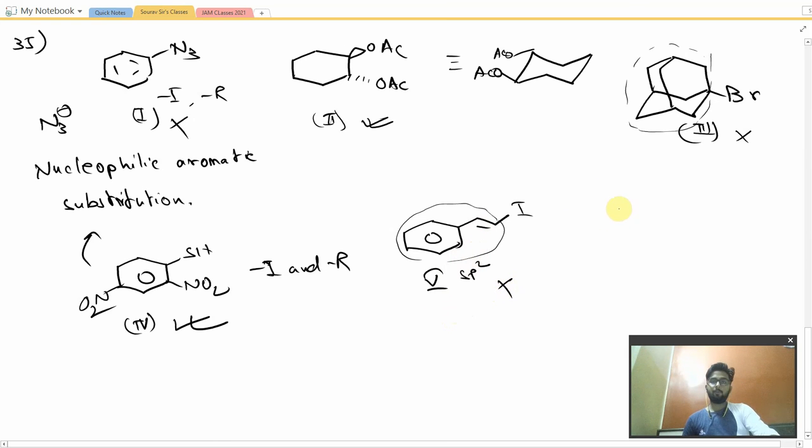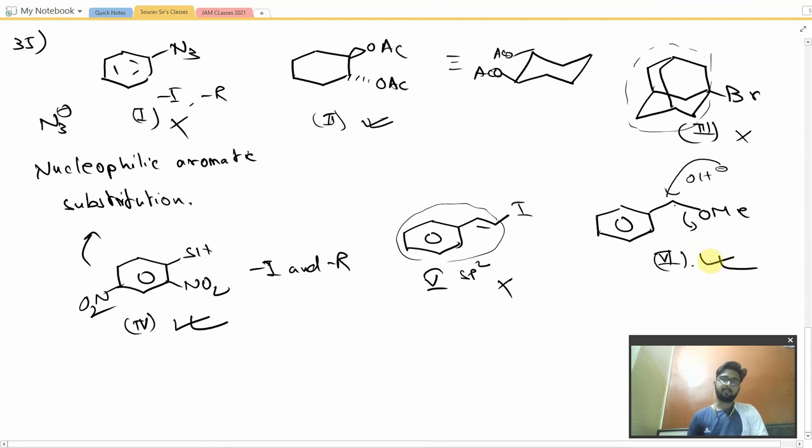And the last one would be kind of easy. OMe. This is an sp2 hybridized carbon, so a good nucleophile, that is OH minus, can enter into the system, removing this OMe and forming the OH, making this nucleophilic substitution possible. This is structure number 6, and it undergoes nucleophilic substitution.